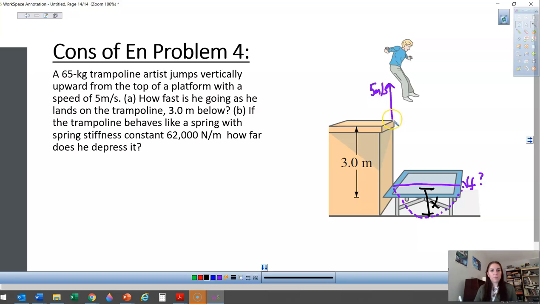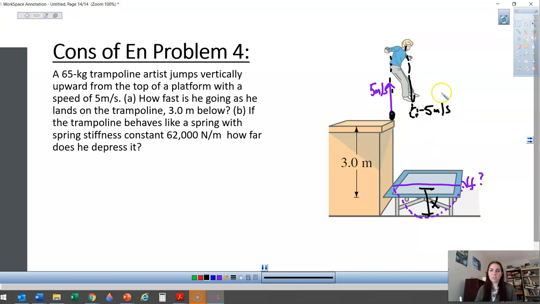So here we go. So once again, we get to choose our start and initial point. So if you remember from objects thrown upward, this person will start with 5 meters per second. And if this person comes up and comes back down at the same spot, the magnitude of this velocity is still the same, but negative.